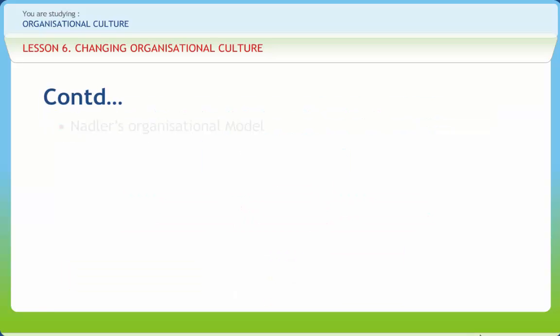Now we will discuss Nadler's model. In this model of the transformation process, the organization is composed of four components or subsystems, which are all dependent on each other.